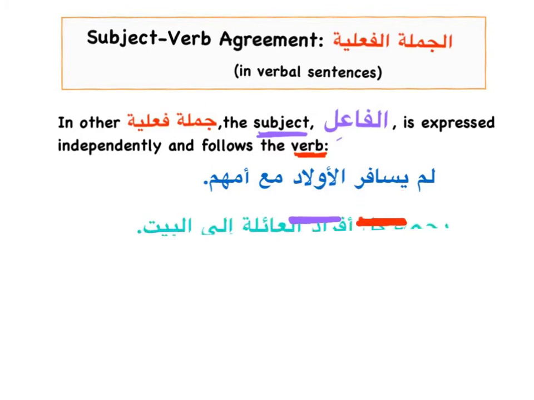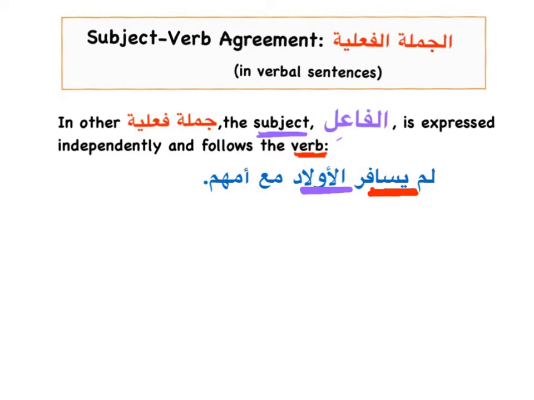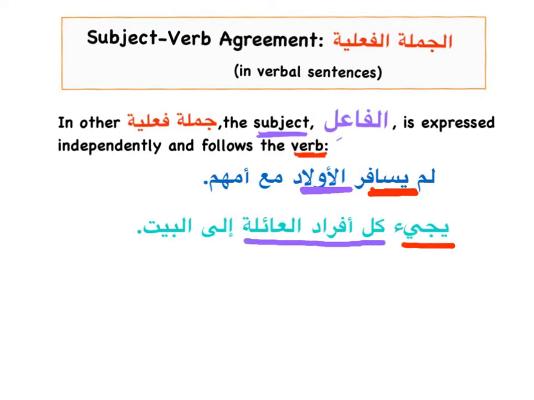Another example is يجيء كل أفراد العائلة إلى البيت. So we have يجيء as the verb, and كل أفراد العائلة is the subject, إلى البيت. So the subject comes after the verb.